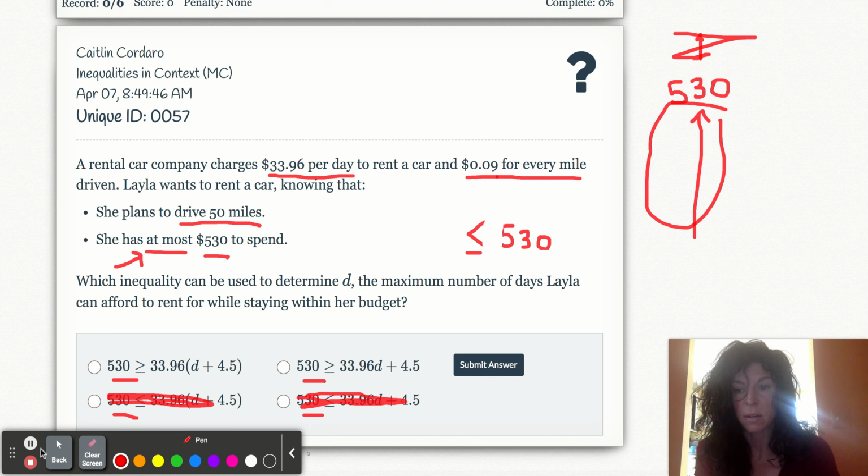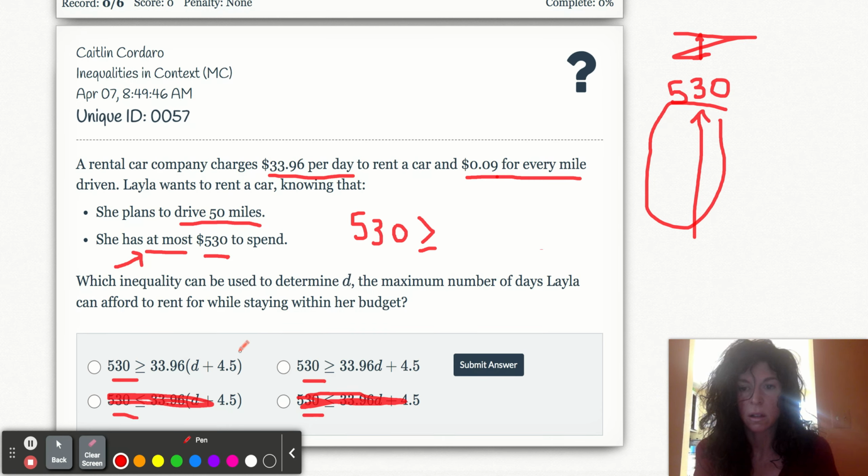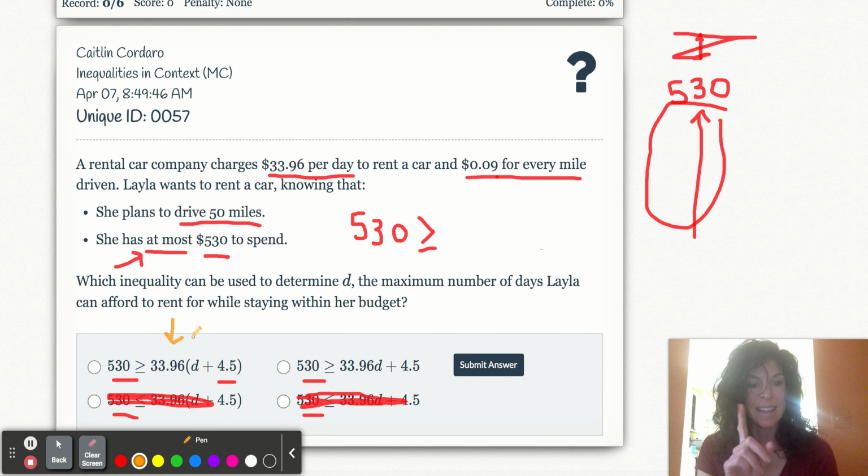So I'm going to rewrite my inequality over here. I'm going to say 530 has to be the biggest. The amount we spend has to be less than 530. Okay. Now, let's see. I'm noticing things in my inequality.